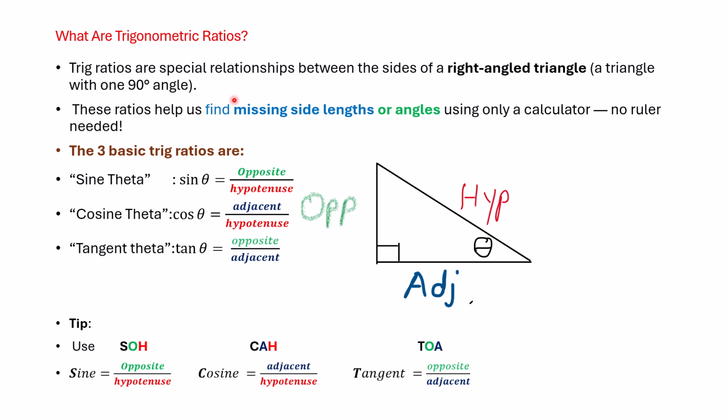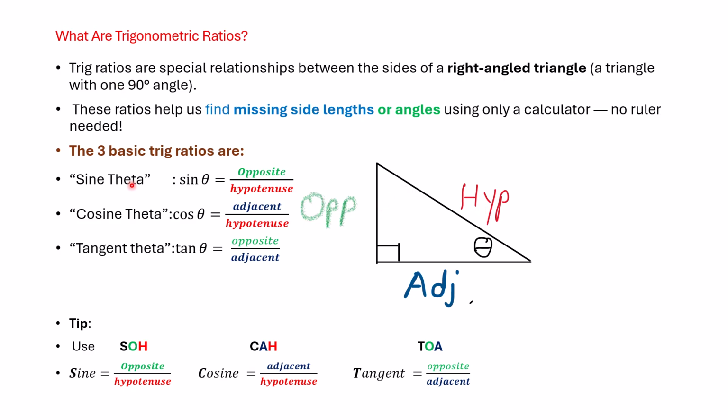A triangle with a 90-degree angle. These trigonometric ratios help us find missing side lengths or angles using only a calculator, no ruler needed. So we don't need to physically measure. That was the old school. Now we can just use a calculator and the relationship of the trig ratios to find the sides or their angles.